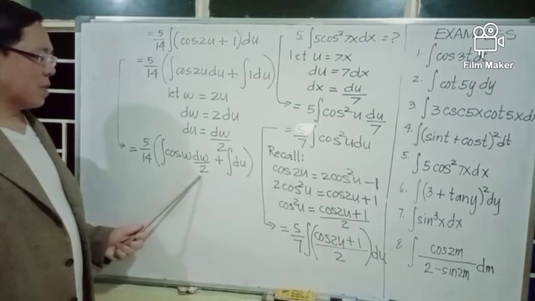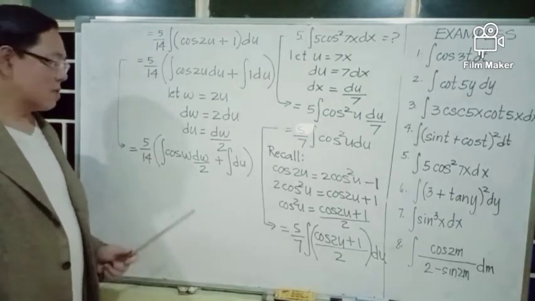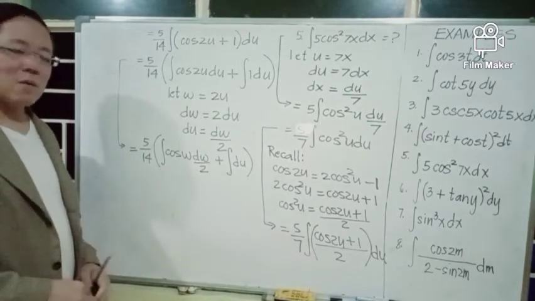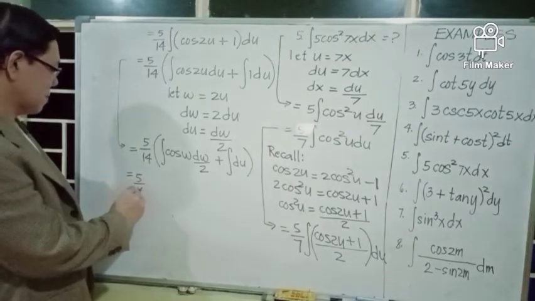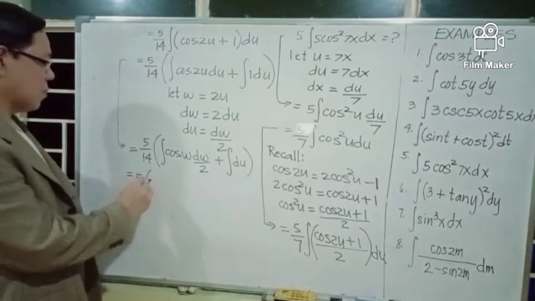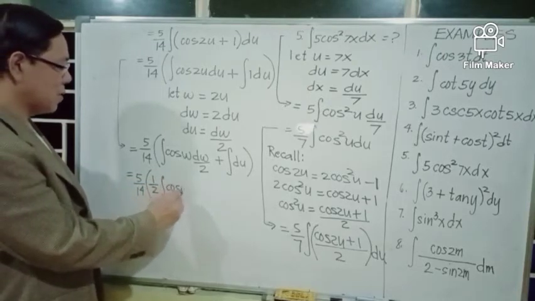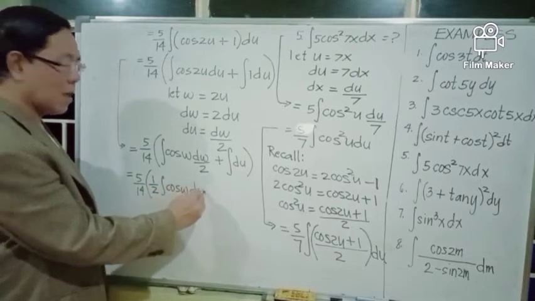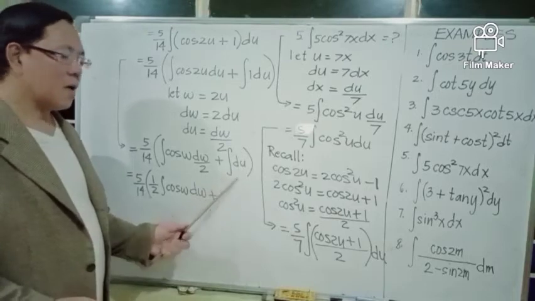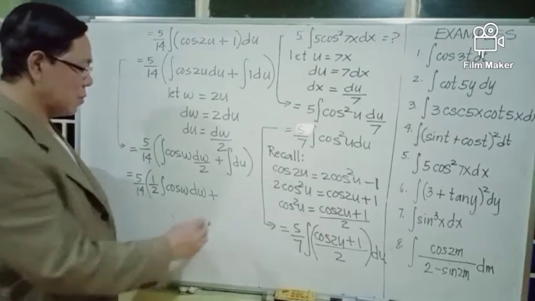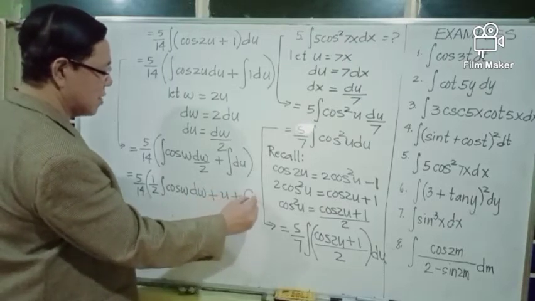Again, 1/2 here is a constant and we can write it before the integral sign. We take 1/2 out of the integrand. We have 5 over 14 multiplied by 1/2 times the integral of cosine w with respect to w plus the integral of du is u plus a constant of integration.